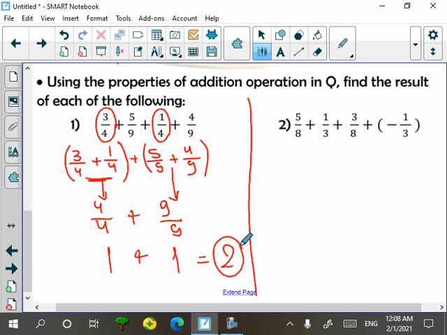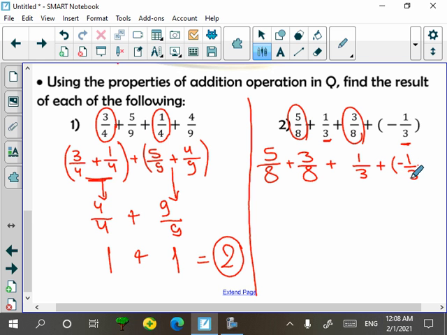Number 2, 5/8 + 1/3 + 3/8 + negative 1/3. We can realize again that 5/8 is like 3/8, and 1/3 is like negative 1/3, then 1/3 plus negative 1/3.